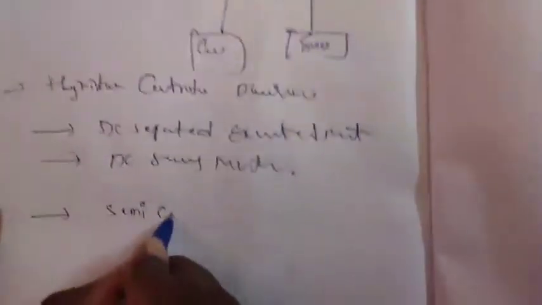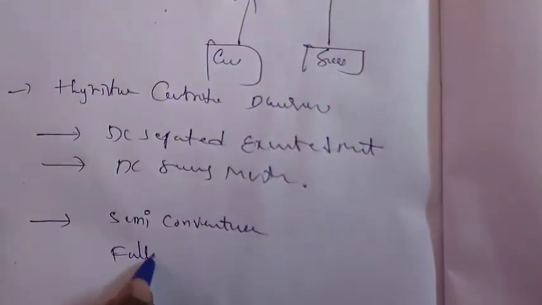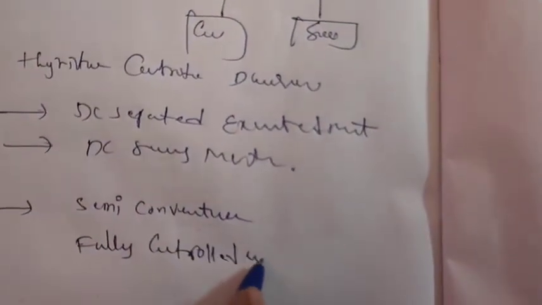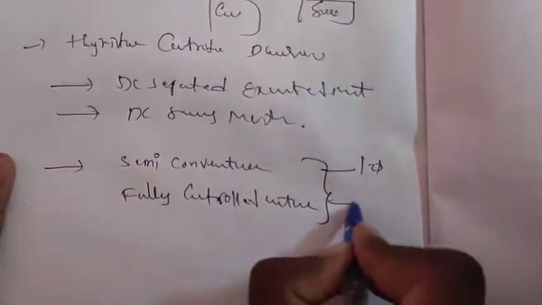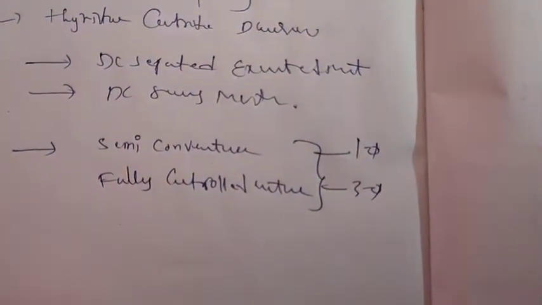One is a semi converter, and another one is a fully controlled converter. These are again given to single phase as well as three phase.